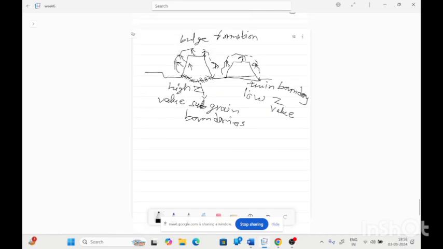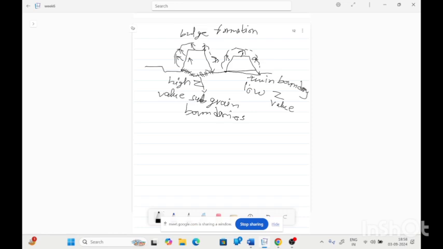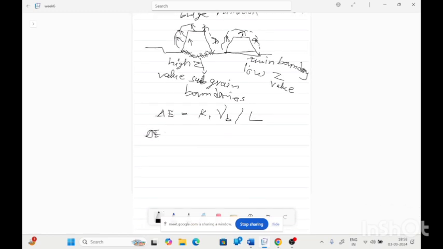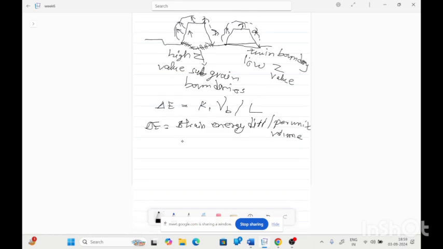So the strain energy gradient that is present during this deformation process is written as delta E equals K1 gamma B by L, where delta E is the strain energy difference per unit volume across the boundary.